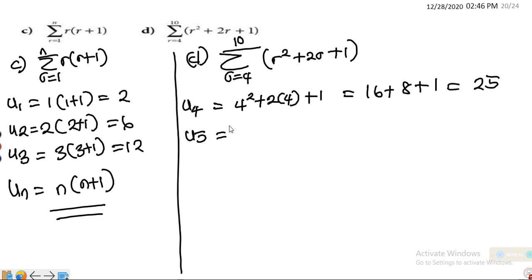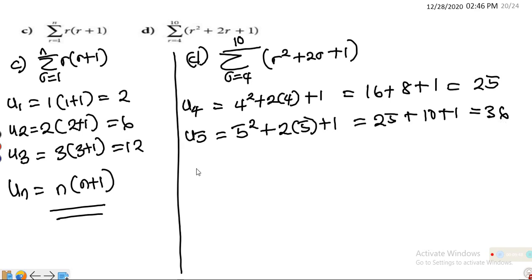U5 is 5 squared plus 2 times 5 plus 1, which is 25 plus 10 plus 1, which is 36.